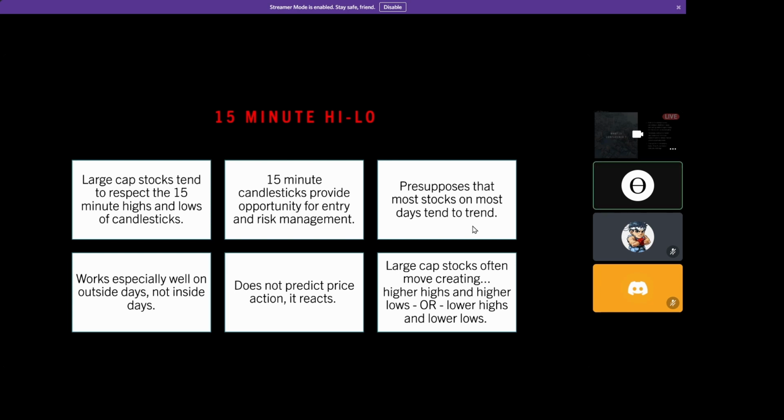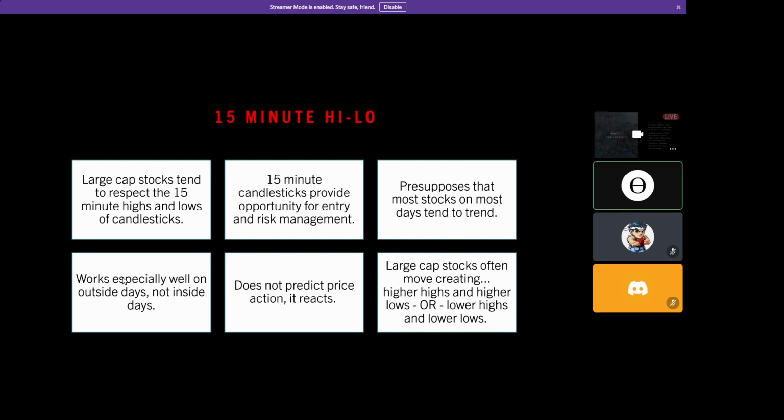And this works especially well, point 4, on what are called outside days, meaning the price is trading outside of the range of the prior day. So if, for example, Apple was trading from $98 to $100, and let's say today it broke out above $100 and is now trading at 101, 102.